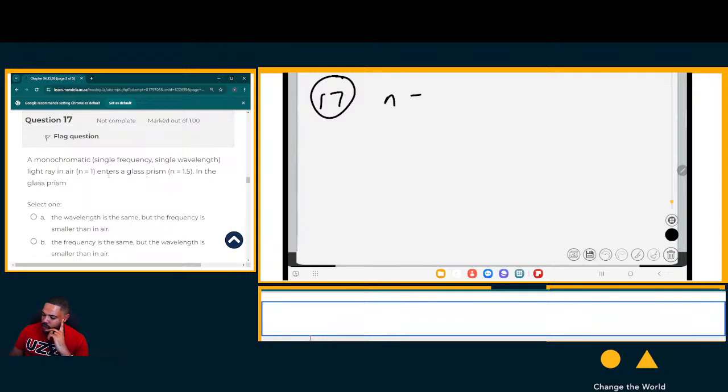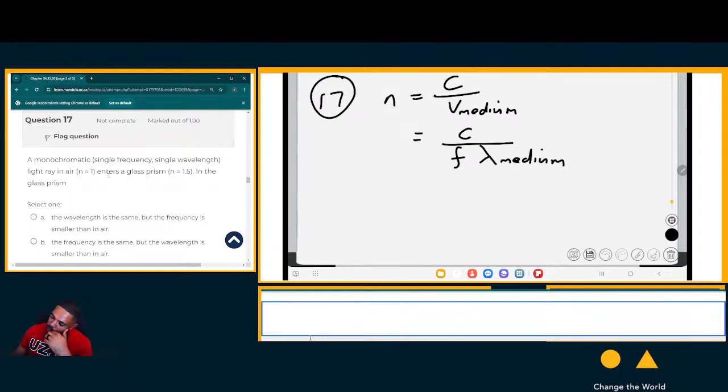Refractive index is equal to the speed of light divided by the speed of light in that medium, because light has a different speed in that medium. We know that c is constant, it does not change, but the speed of light can be written as frequency multiplied by the wavelength in that medium.